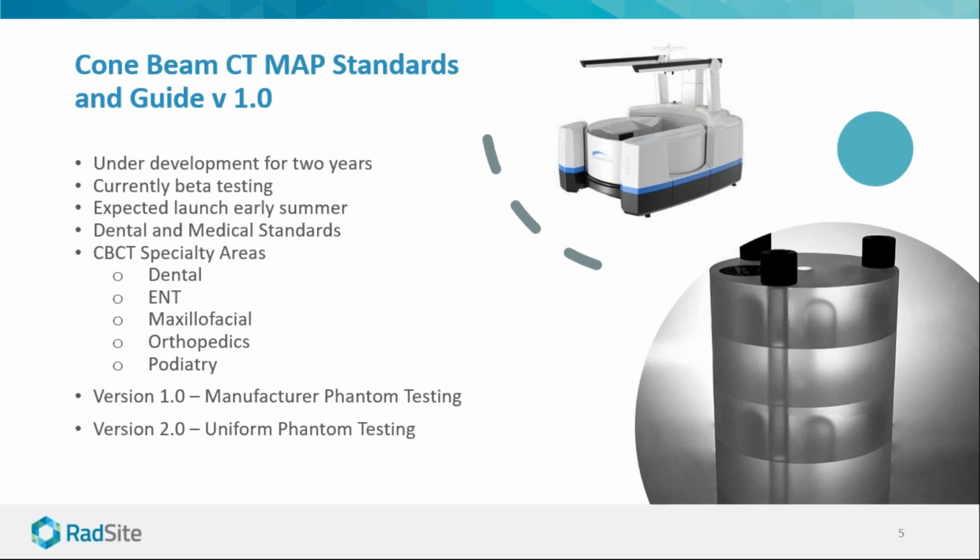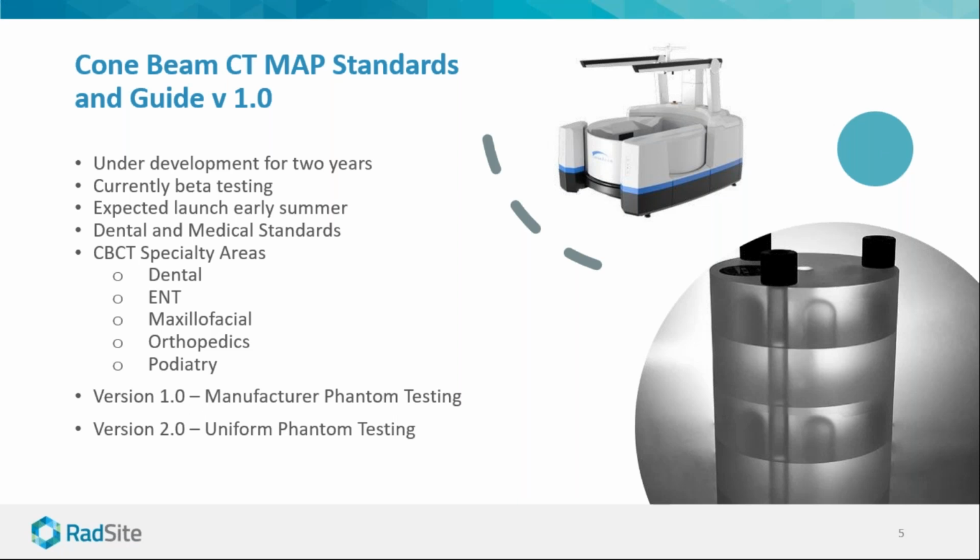And as you'll hear today, there's a lot of subspecialties under Cone Beam CT related to dental and some other medical areas. We will be launching the first set of standards, version 1.0, which will really focus on manufacturer physics requirements.